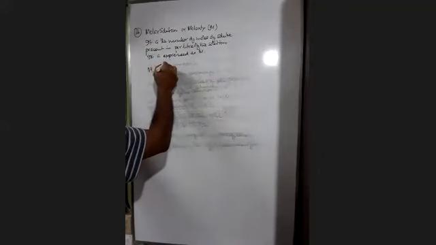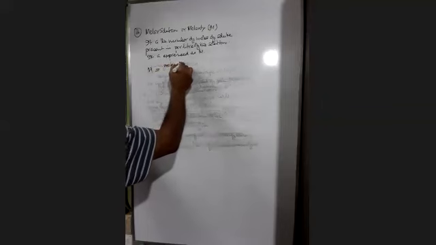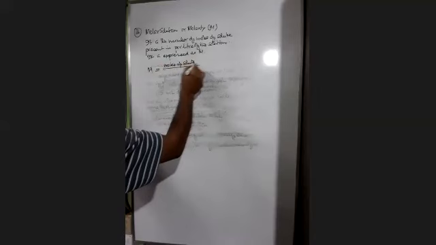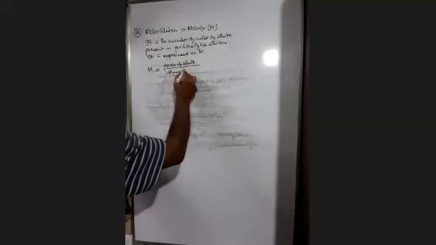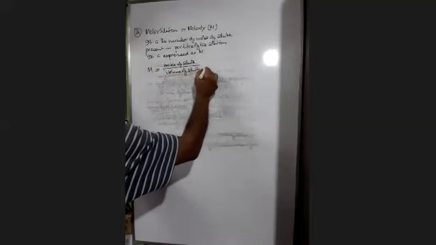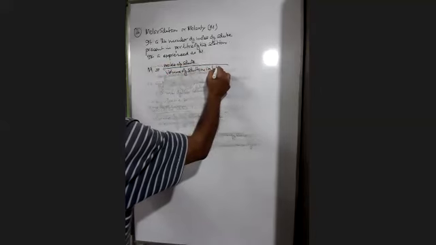So now how can I write here? I write here M is equal to moles of solute divided by volume of solution in liters. Okay.